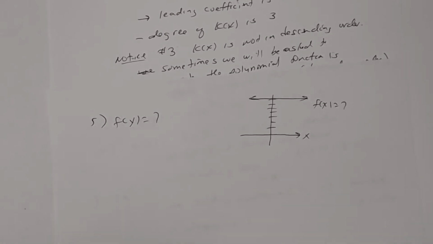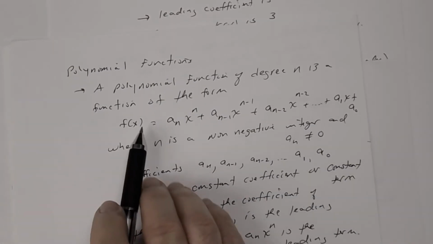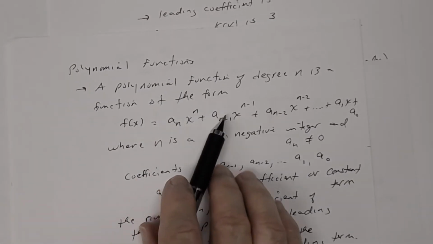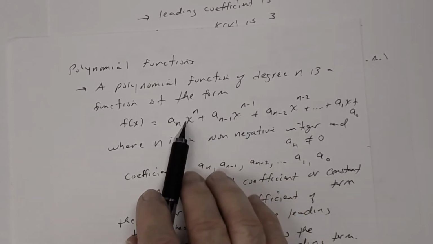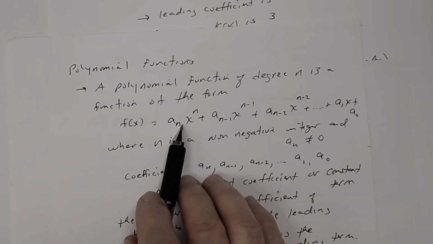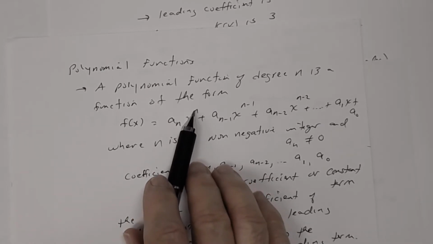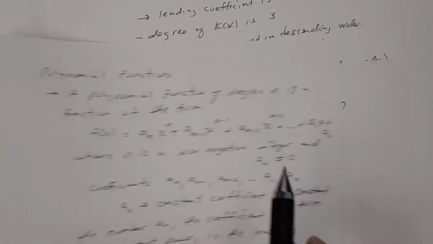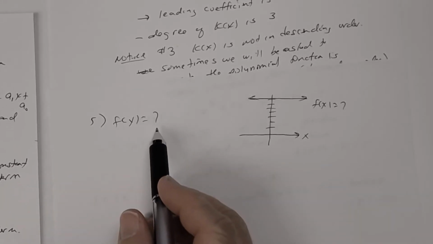Well, remember your definition. The definition of a polynomial function, if I go back to it, is where we have all those terms. See, we have one or more terms. Doesn't have to be 2 or more. It can be 1 or more, okay? One or more terms where your exponents are non-negative. You may say, well, but this doesn't have an exponent.